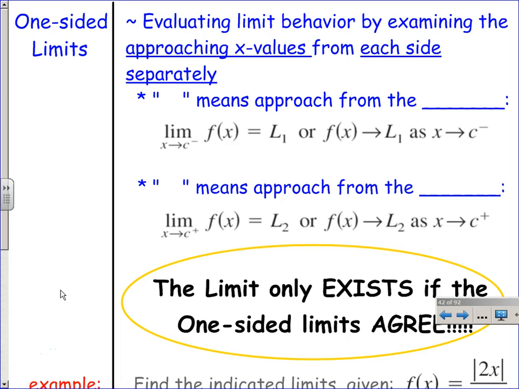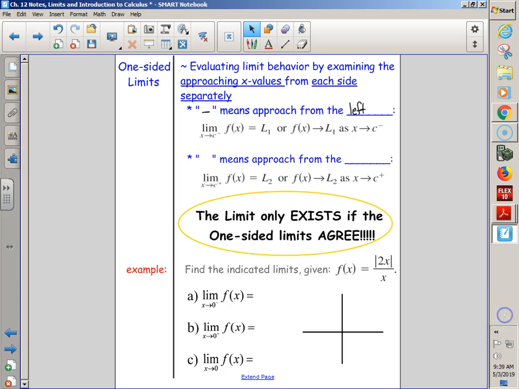You guys just don't realize it. Have we talked about coming from the left or coming from below? Guess what? We're just writing it down in note form. Have we talked about coming from the right or above?